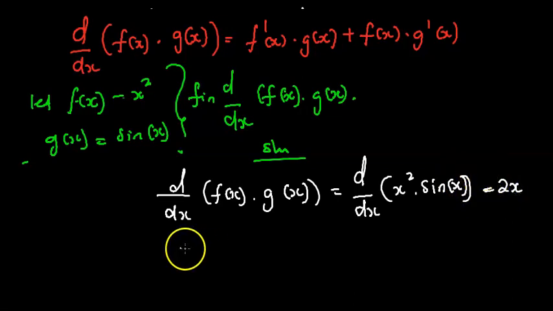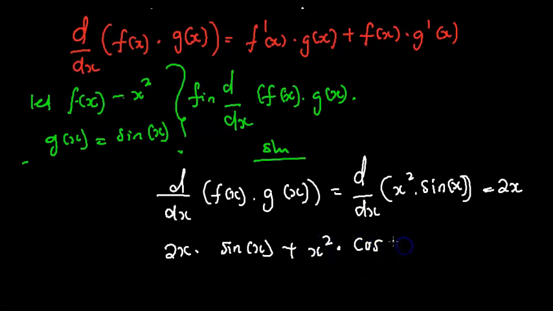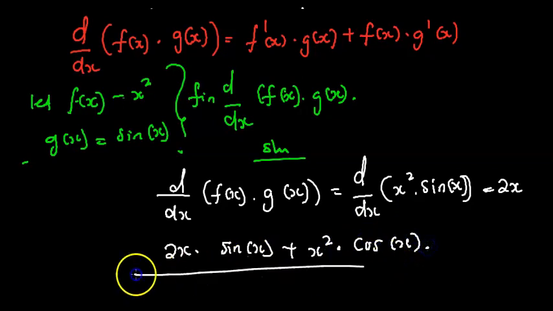Not just 2x, this is simply going to be 2x multiplied by sine of x, then plus x squared multiplied by cos of x. And this is it for this problem.